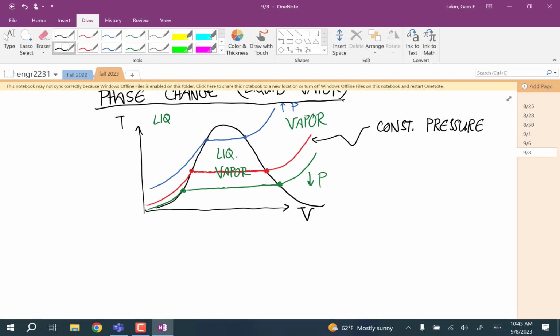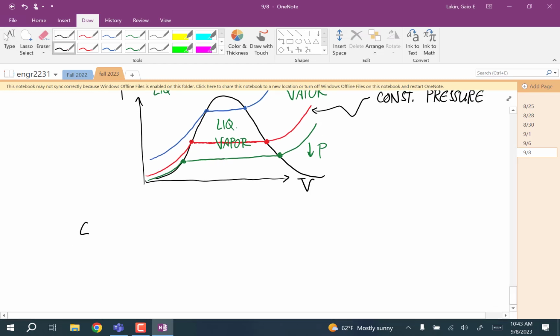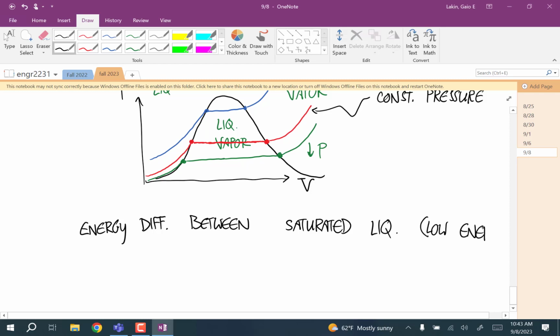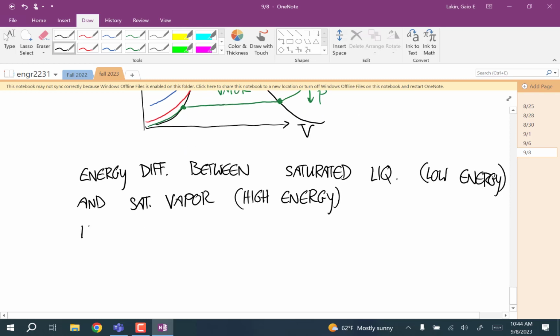The energy difference between the saturated liquid, that's the lower energy, and the saturated vapor, that's the higher energy, is called the latent heat.